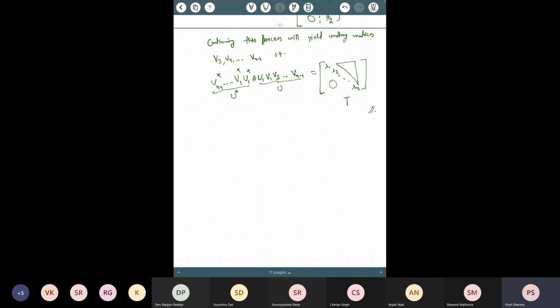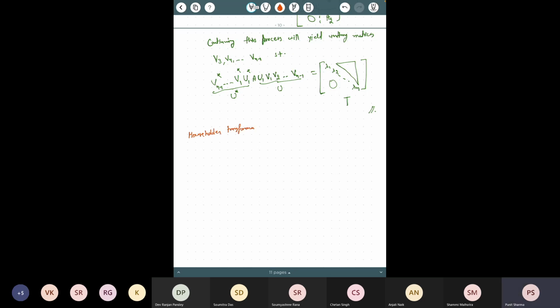Let me first give you these examples. These transformations have a name. They are called householder transformations.